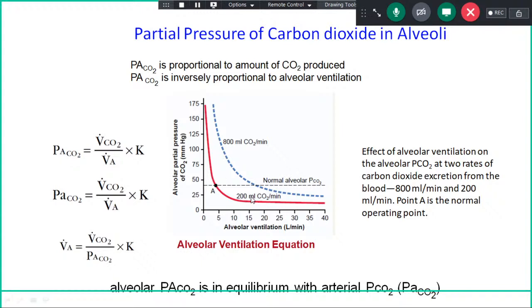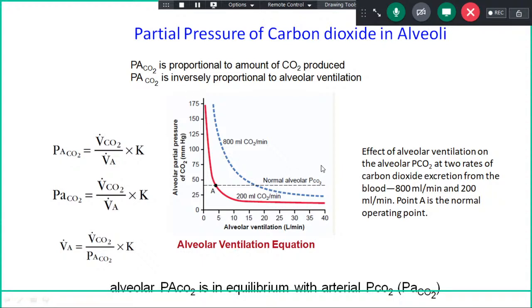Whereas in the alveolar air, the amount of carbon dioxide gets increased as the body produces more by metabolism. So there are 2 points to be remembered: the amount of carbon dioxide in the alveoli is a balance between the two.